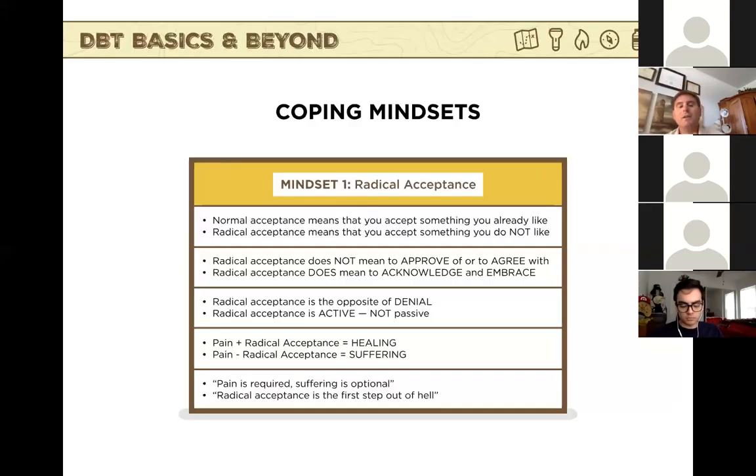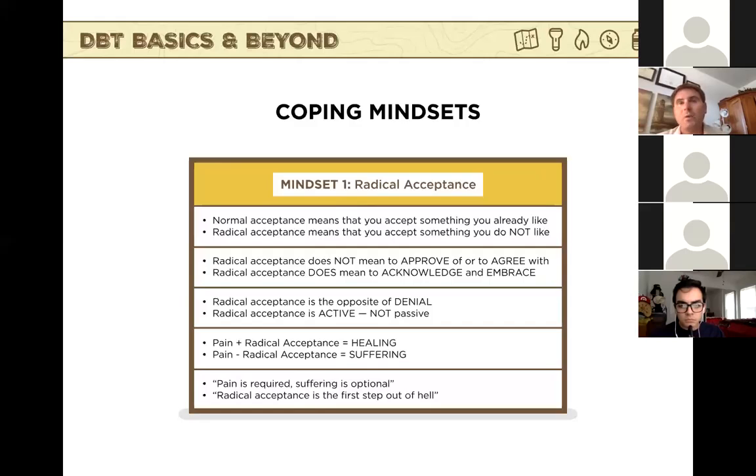And it's also important to explain that radical acceptance is active, not passive. So, especially if you're working with different cultures. Some cultures, I have Hispanic culture in mind right now, do have this idea of fatalism, of just being resigned to fate or destiny because there's nothing I can do about it anyway.